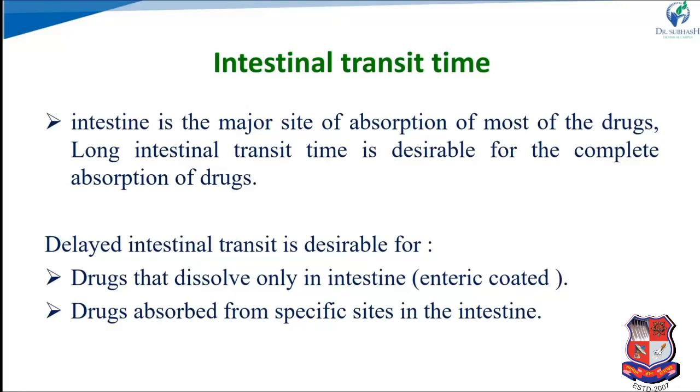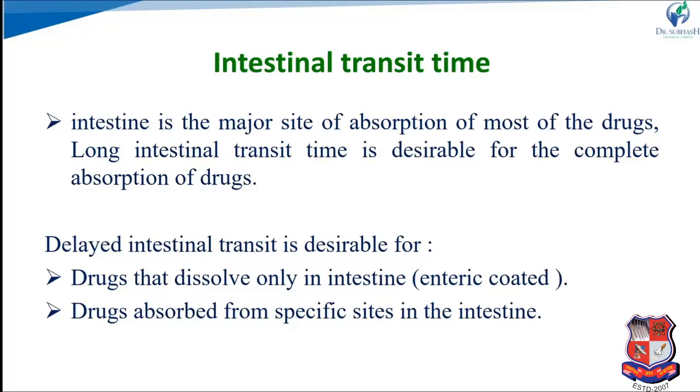Next factor is intestinal transit time. Previously we saw the gastric emptying time or rate, which is the migration of food or contents from the stomach to the small intestine, and similarly from the small intestine to the large intestine.